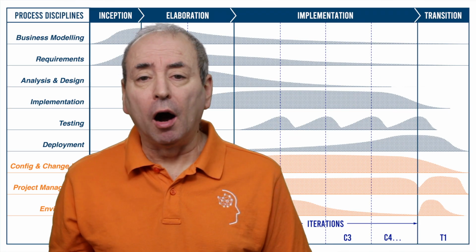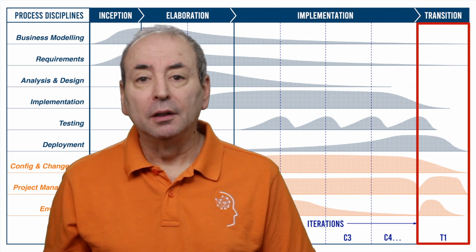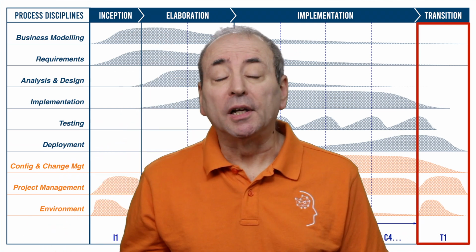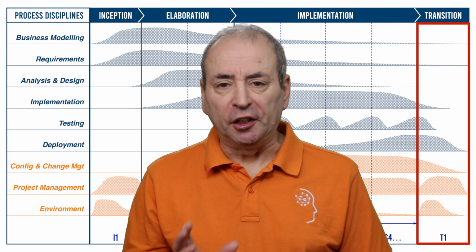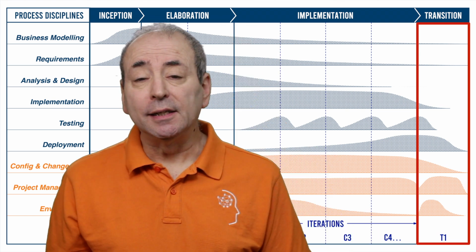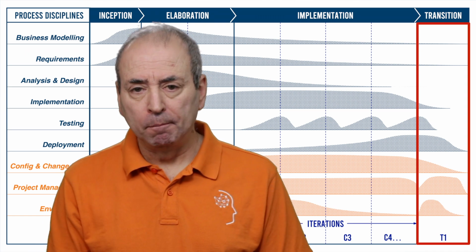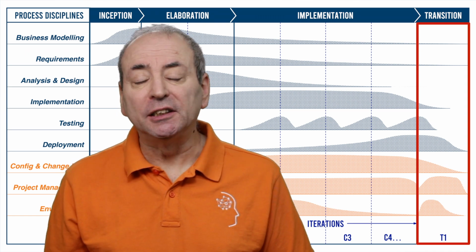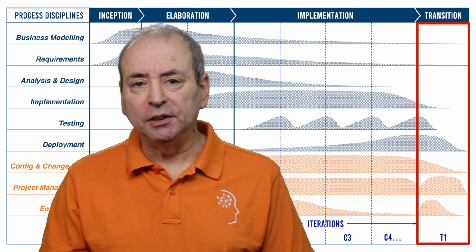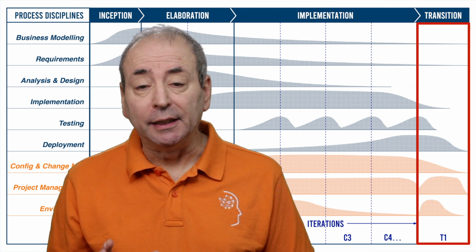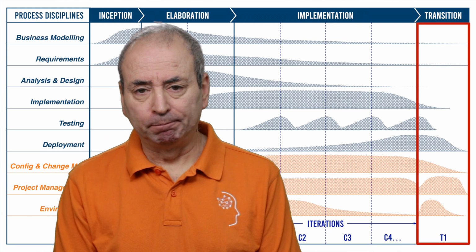The final stage of the RUP development lifecycle marks the transition from development to production. Production is the term that we use for when the software becomes available for use. The transition phase sees the final end-to-end testing of the software, dealing with any problems and defects you discovered during that testing process, final user acceptance, and software release into production, where it becomes available to your customers or users.